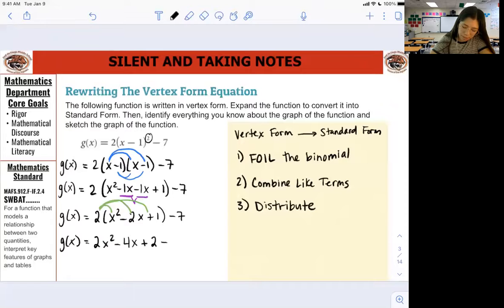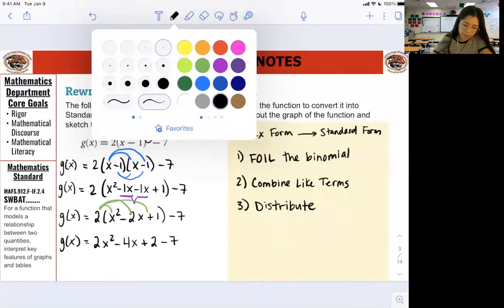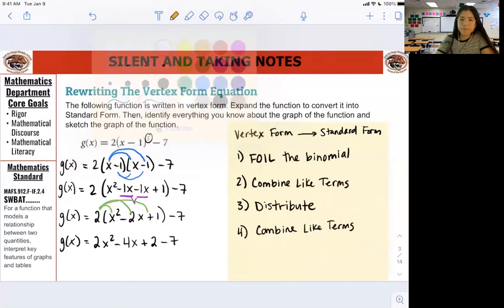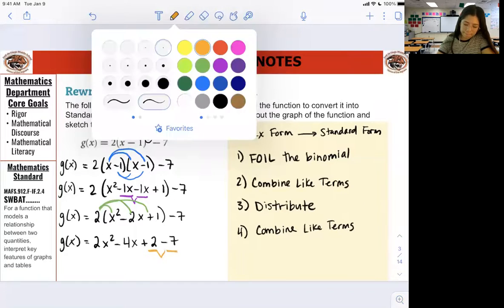Bring down your last number over here, -7. And the last step is just to combine like terms again. Because what do I still need to combine? +2 and -7. 2 minus 7, what do I get?